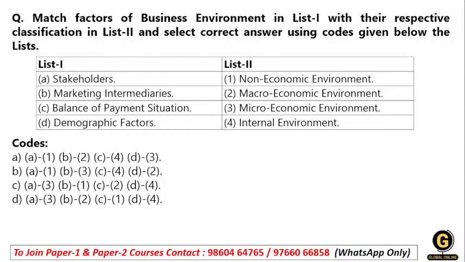Now moving on to the next question, where two lists are given to you that you have to match. Match the factor of business environment in list 1 with the respective classification in list 2.